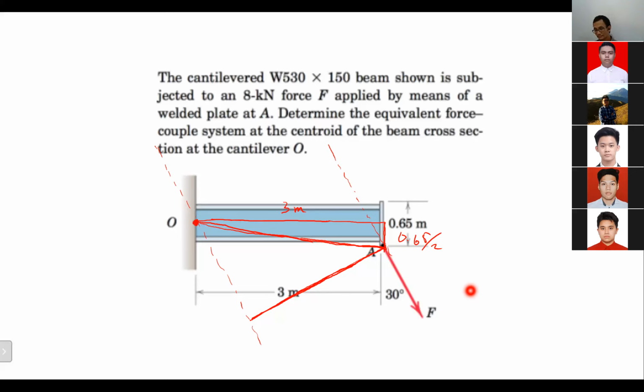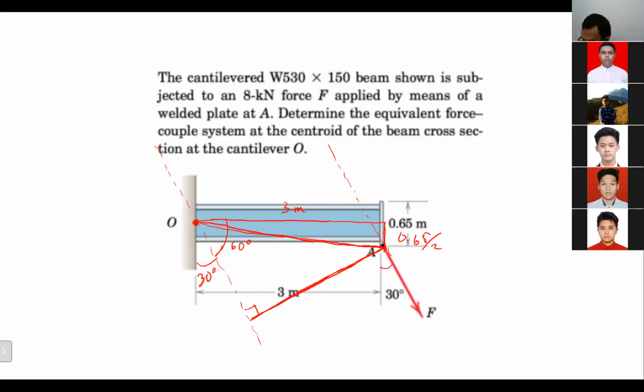You use the angle given. This one is 30 degrees, and this one is 30 degrees as well. In the middle is 90. What else do we have? 60 degrees, inside above the right angle. Remember this one, 60 degrees.